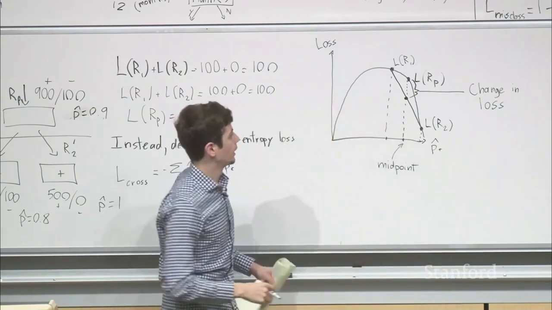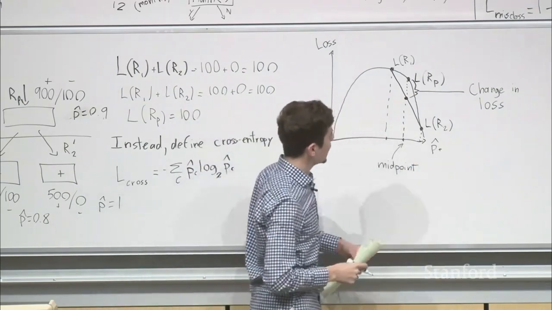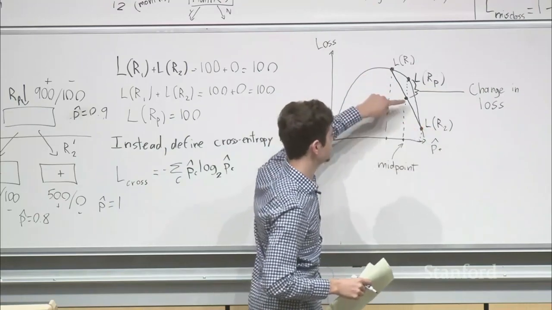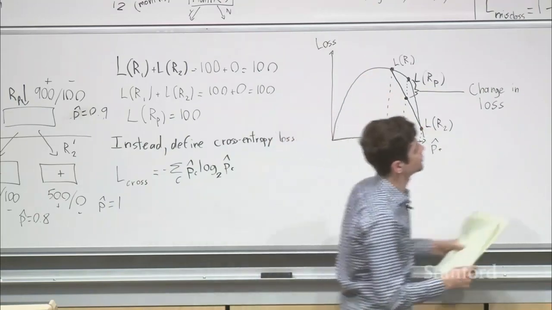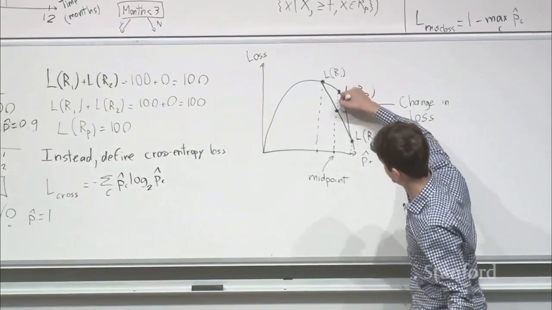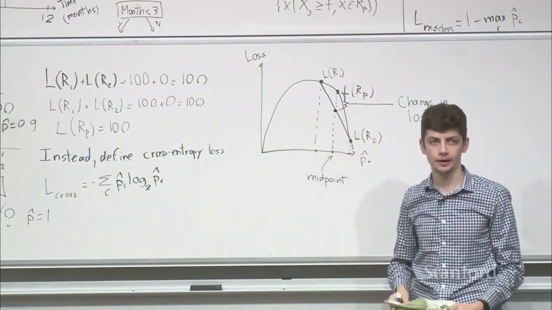But when you're actually averaging the two losses after you've done the split, you're just taking the average loss. You're summing LR1 plus LR2, and if you're taking the average, then you're dividing by 2. You can just draw the line and take the midpoint of this line instead.